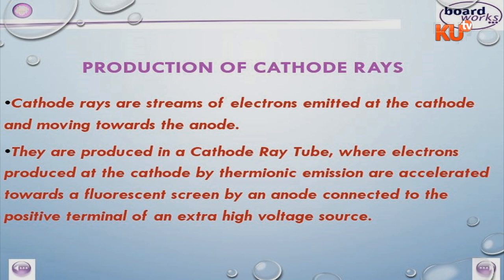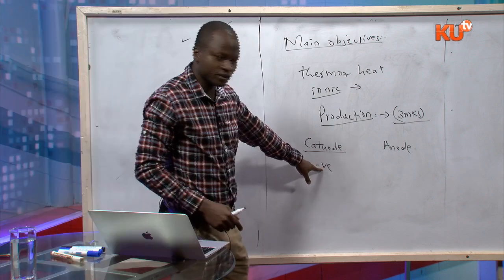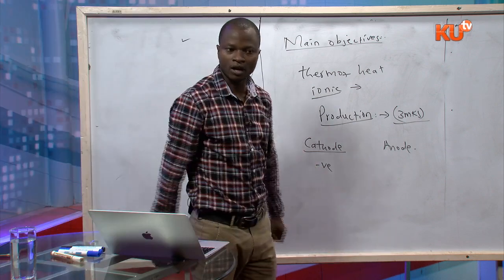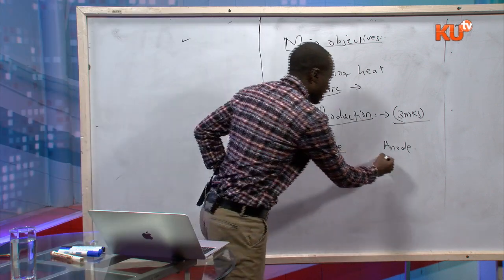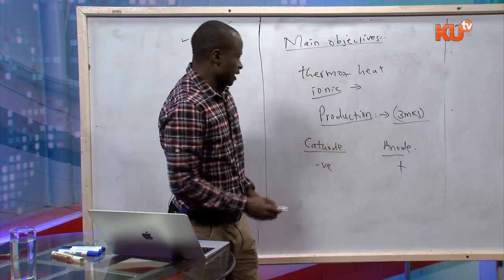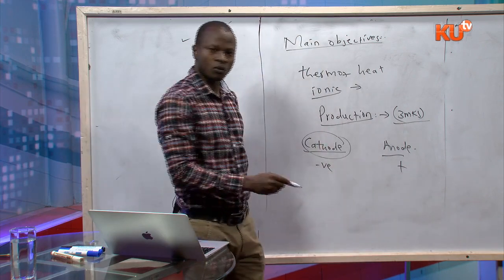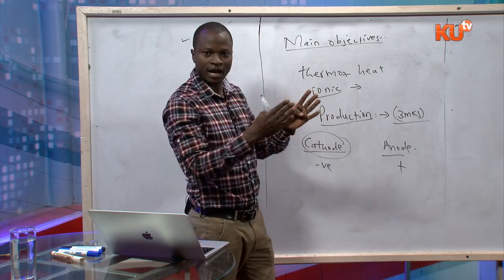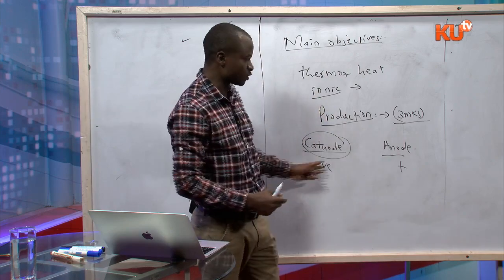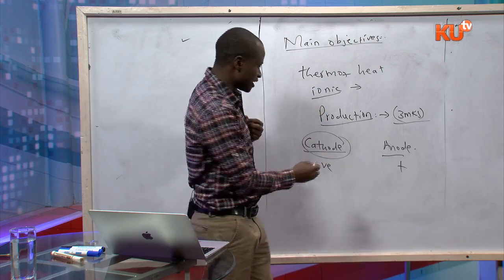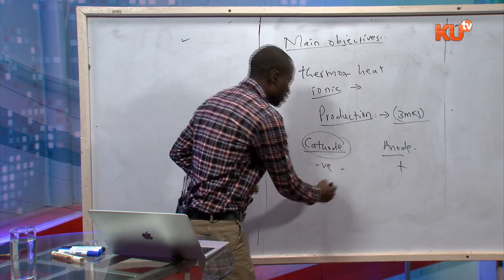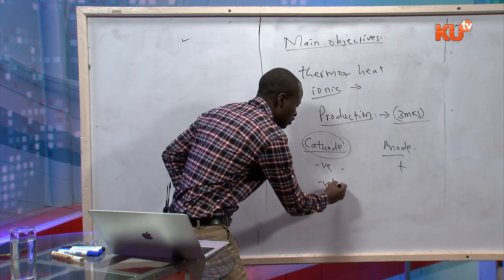Back to form 2 still, you need to remember cathode is the negatively charged electrode, the electrode that is connected to the negative terminal of a source of energy, and the anode is the positive. Now we are heating this cathode. Once we heat the cathode, which is a metal surface, what happens? Electrons are released. These electrons are negatively charged.